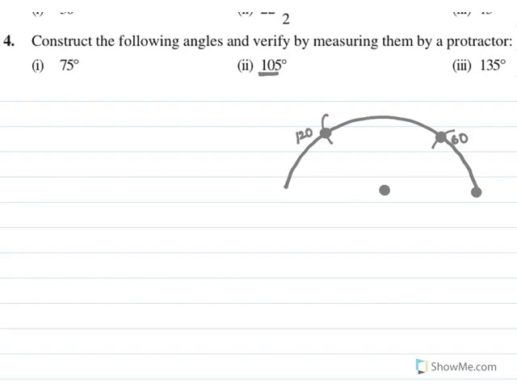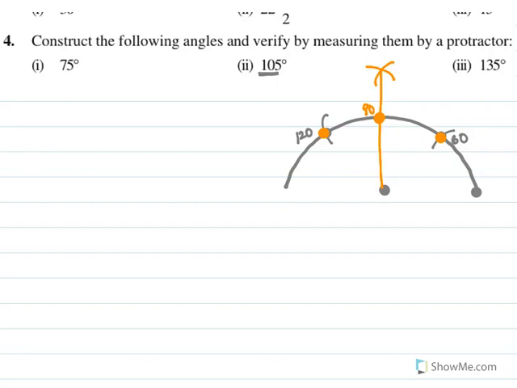Now when you bisect 60 and 120, how would you bisect it? You keep your compass at these 2 points, and then you draw your arc and you bisect this. Now this point would be now 90 here.